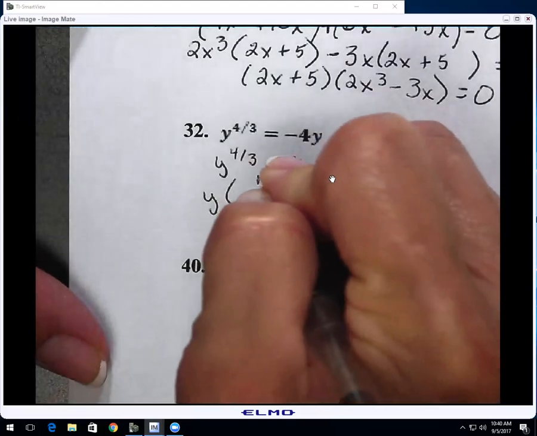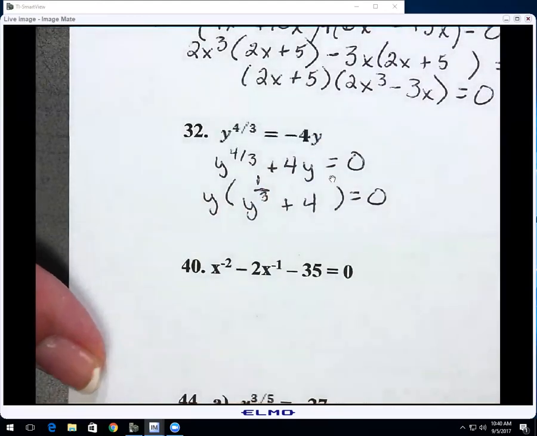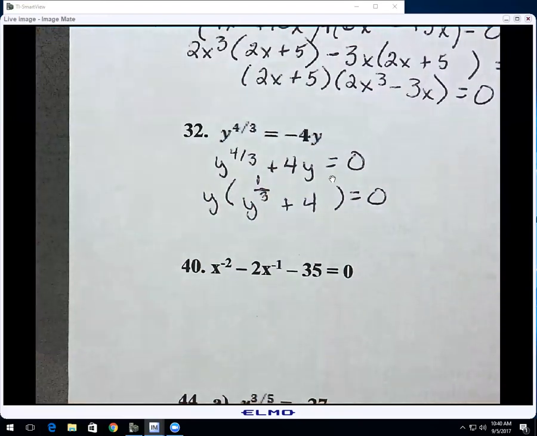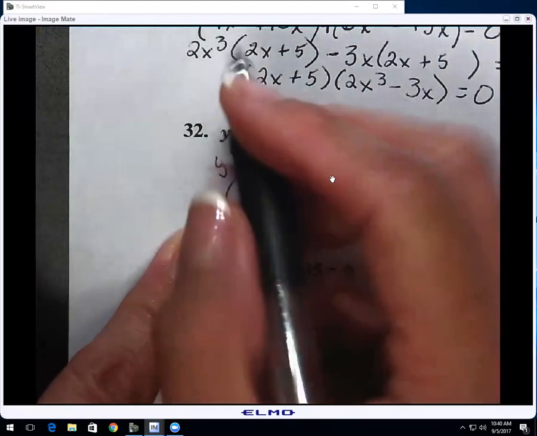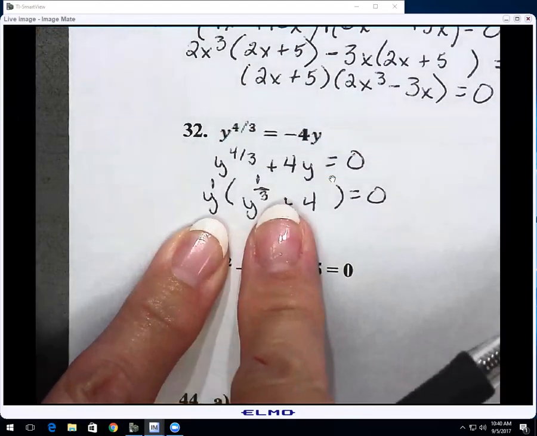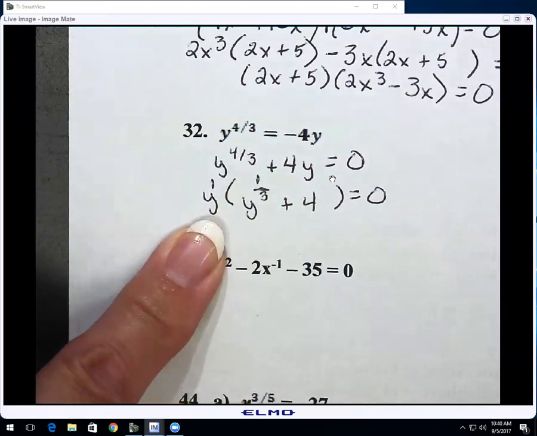Great thing about factoring is it's checkable. If you're not sure that the right exponent is 1/3, go ahead and write it down in pencil and then just check it. 1 plus 1/3, sure enough, is 4/3.